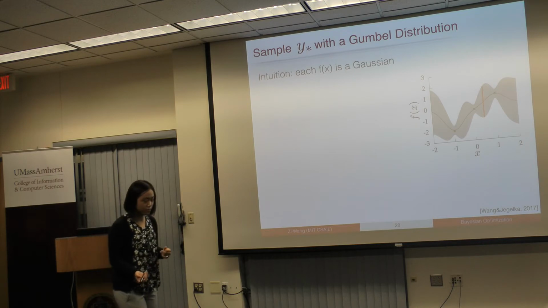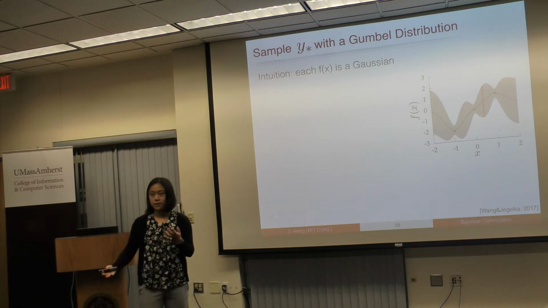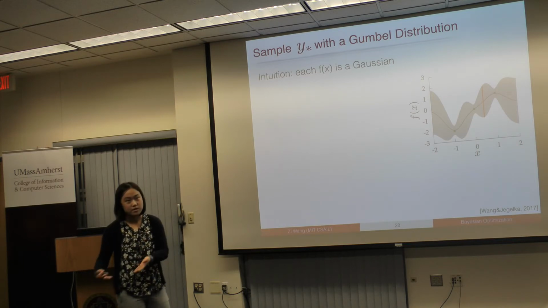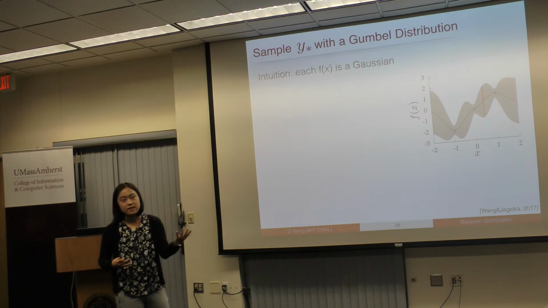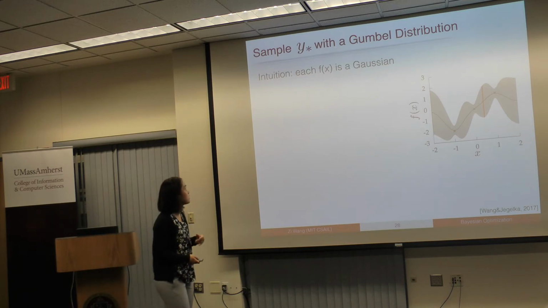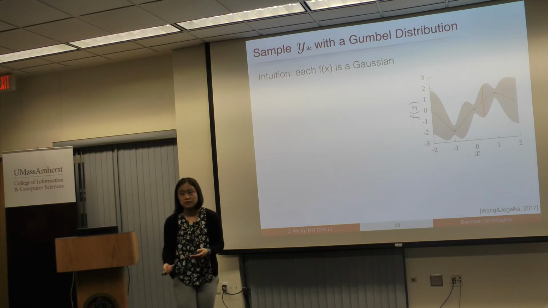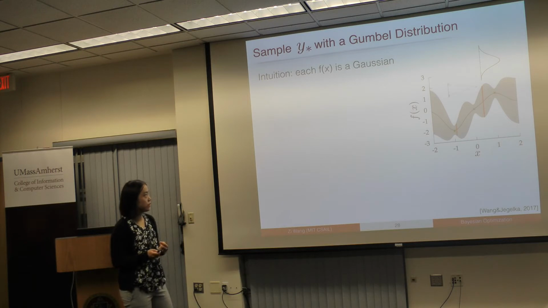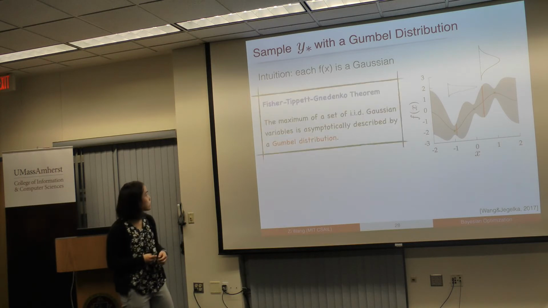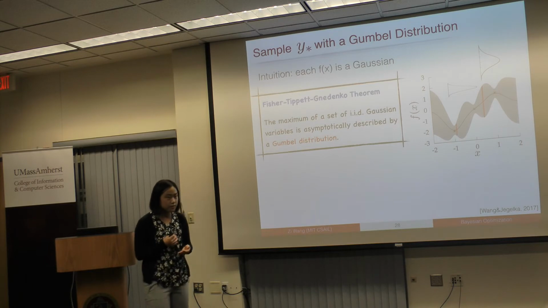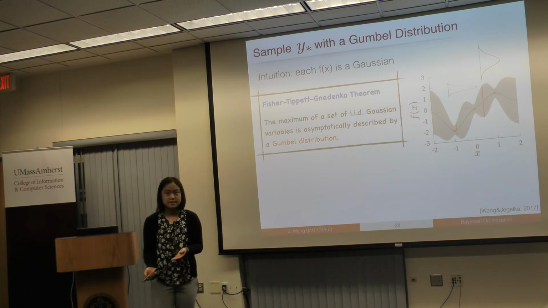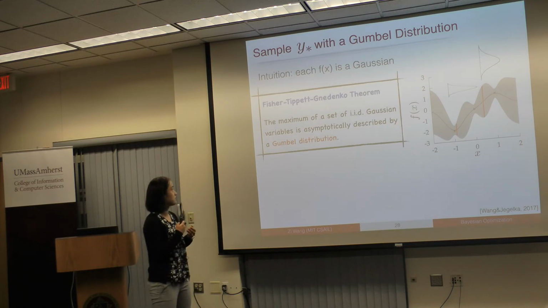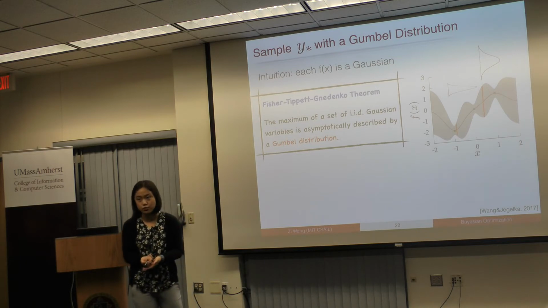So remember that we know the function can be approximated by a Gaussian process, and basically what that means is that for every input, f of x has a Gaussian distribution. And in fact, by the Fisher-Tippett-Gnedenko theorem, the maximum of a set of IID Gaussian variables is asymptotically described by a Gumbel distribution.